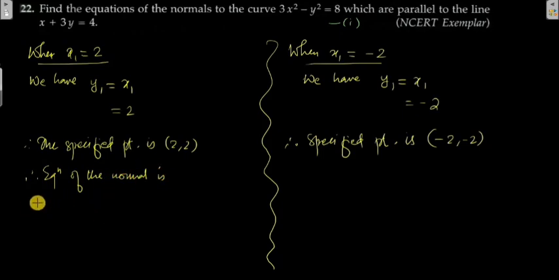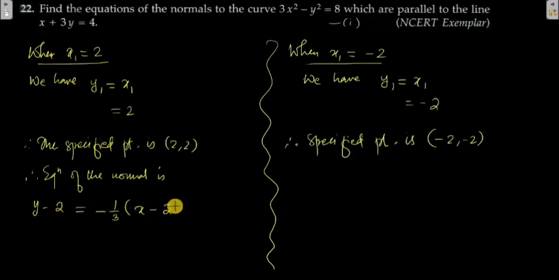is, all of you know, y minus y1 is equal to the slope of the normal. Slope of the normal was minus 1 by 3, isn't it, into x minus x1. Instead of writing y1, directly write down the value, so it is 2.